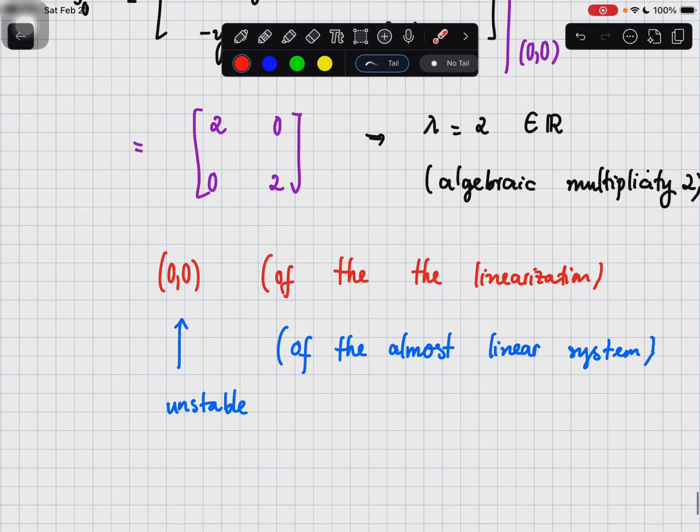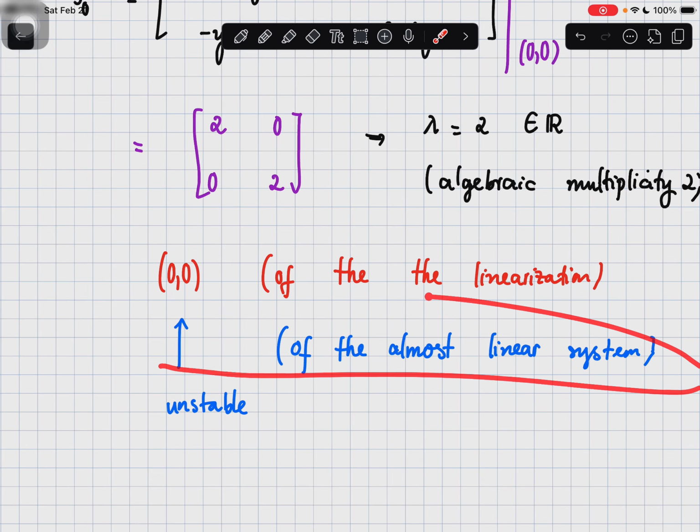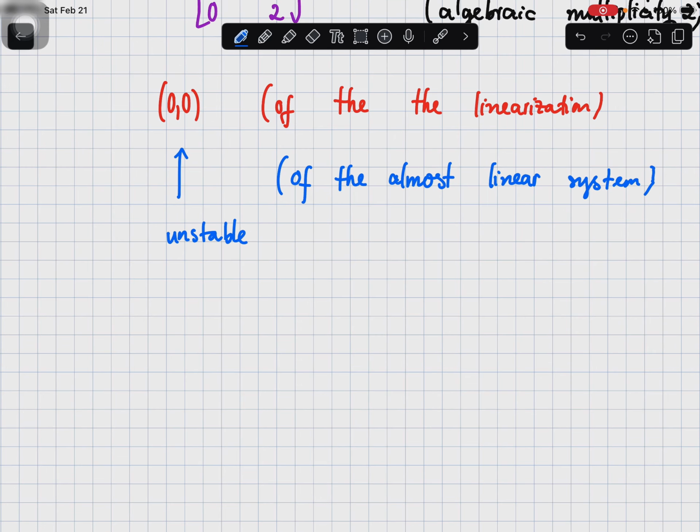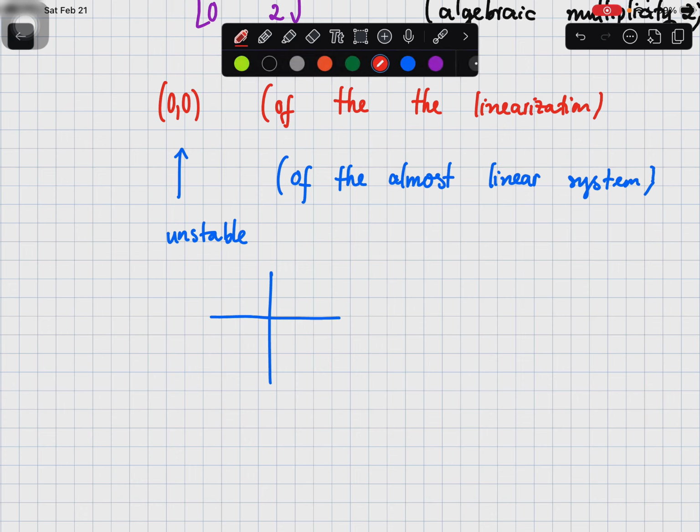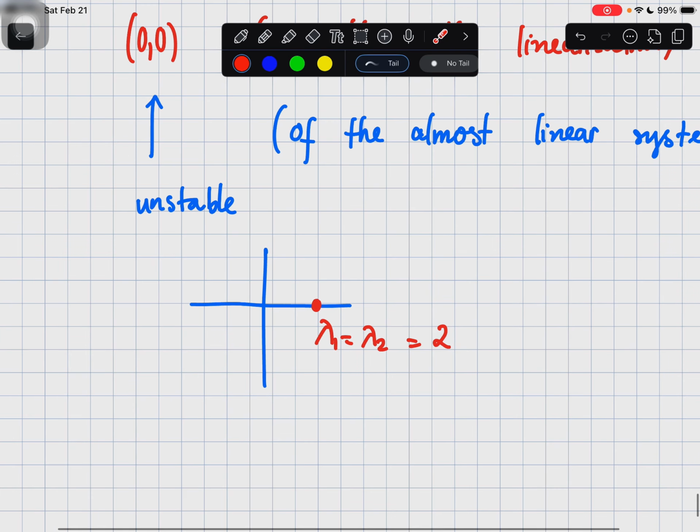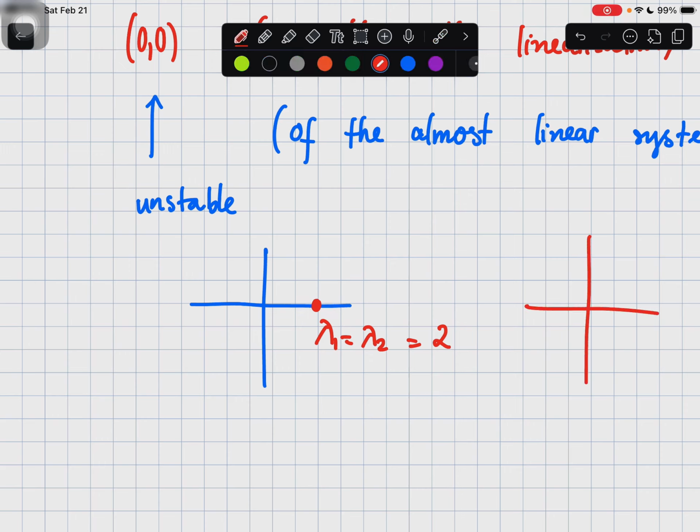However, we do not know whether 0, 0 of the almost linear system is a node or a spiral point. One method to remember that is this. In this case we have repeated real, lambda 1 equal to lambda 2 equal to 2. If a small perturbation happens, this can split into two distinct eigenvalues. So we might have distinct real eigenvalues, and in this case you still have a node.